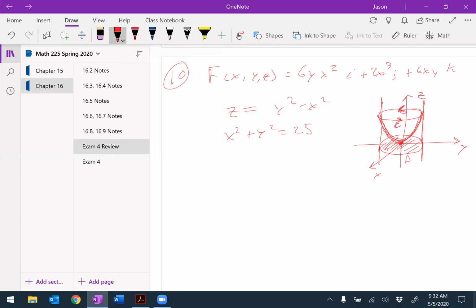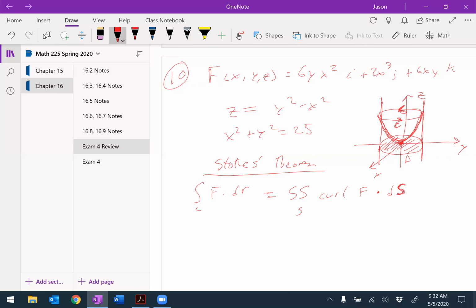So what are we trying to find here? We're trying to find the line integral, F dot dr, using the surface integral. This is what Stokes' theorem is. F dot dr equals the double integral over S of curl of F dot dS, and that's a capital S for surface integral.